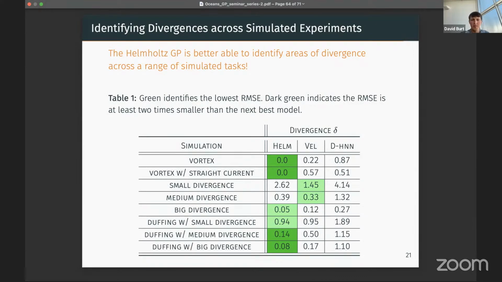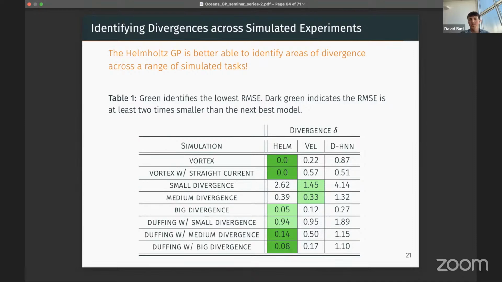So the vortex was straight current, which I've shown on previous slides. We also looked at some areas where we just had a simple divergence. We also looked at these Duffing oscillators with areas of divergence inserted. And what we saw was that on most of the tasks, the Helmholtz GP was much better able to recover the divergence field.